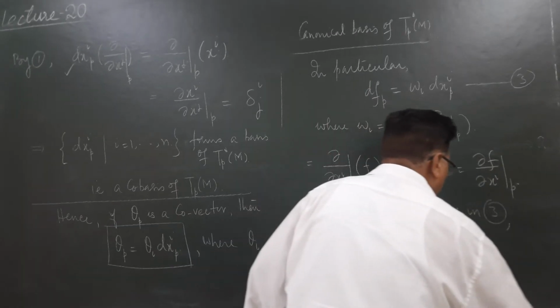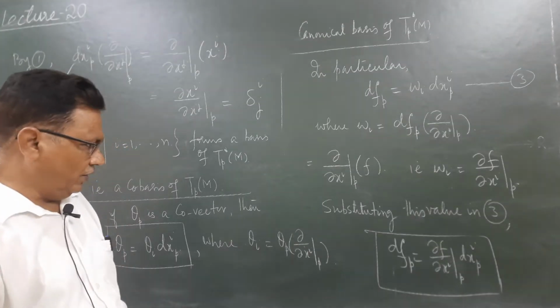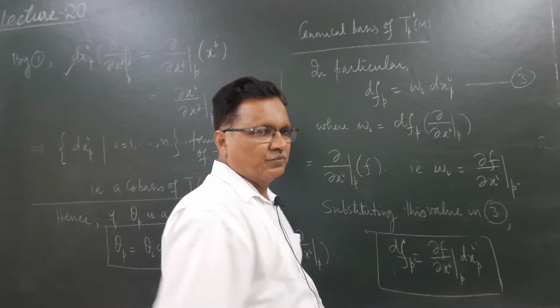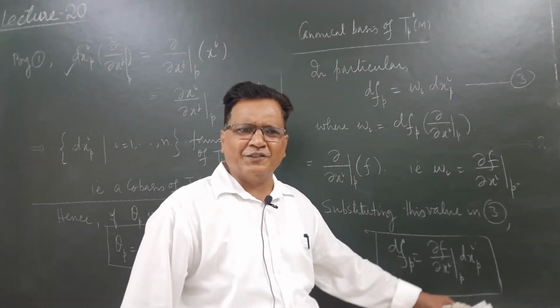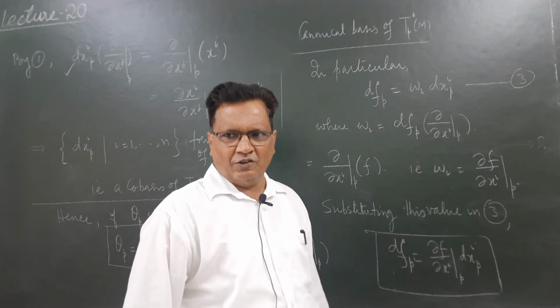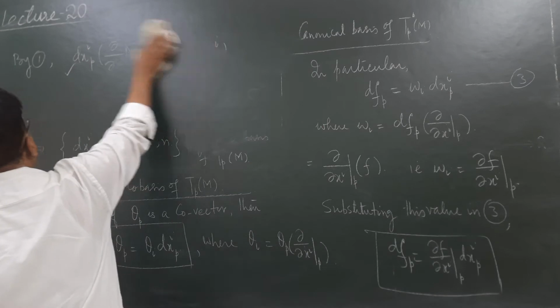This is a known formula of calculus which you are already familiar with. Now when you deal with it as a covector on the manifold at a point p, you obtain the same formula. Okay? All right.